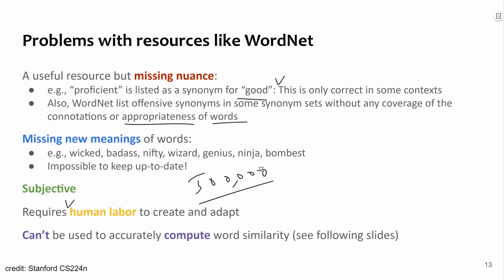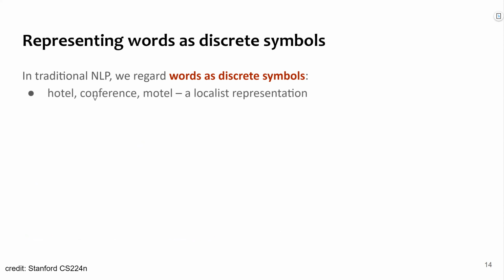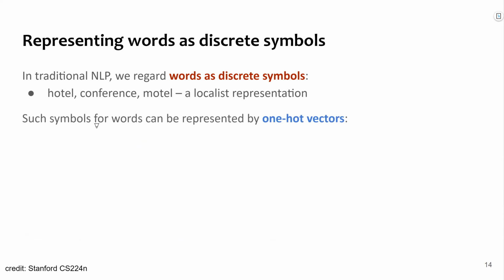And lastly, we can't use these WordNets with computers. Let's talk about the details in the following slide. Using WordNets, we need to represent words as discrete symbols. What I mean by this is, in traditional NLP, we regard words as discrete symbols: hotel, conference, motel, a localist representation. Such symbols for words can be represented by one-hot vectors.